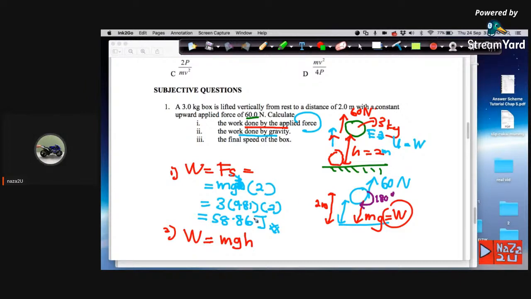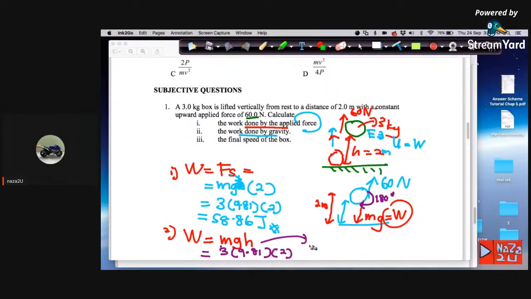Dia punya force dia. So kalau kita pakai W is equal to mgh, kalau kita tengok dia punya mass dia, kalau kita pakai situ berapa? 3, and the G is 9.81, right? And the H is 2, tapi kita kena rujuk kepada, because dia ke bawah.